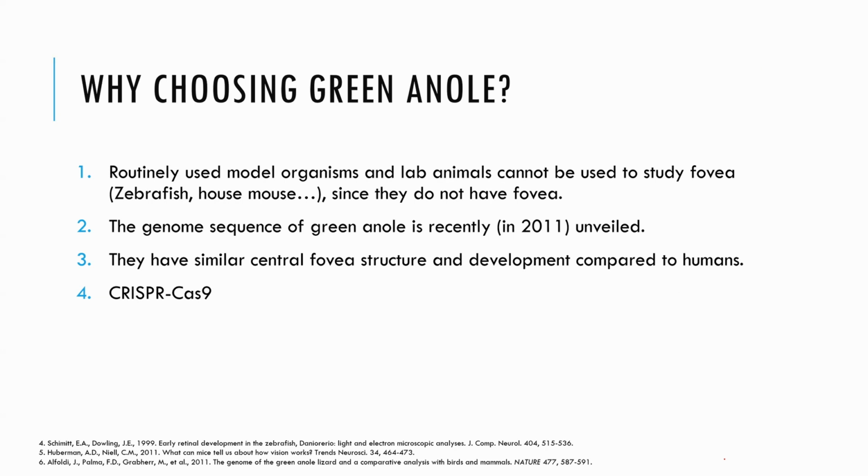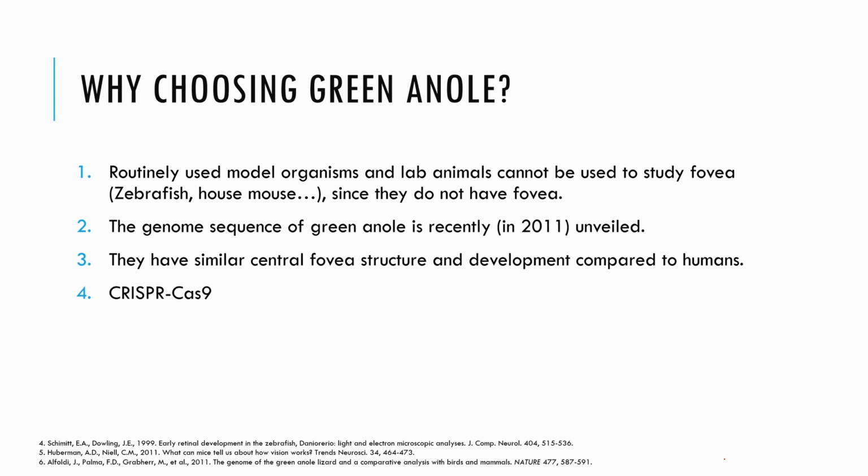Compared to primates, green anole is rather cheap. Its reproduction rate is pretty fast, and they're really easy to manipulate because they're small. Second of all, we know the genome sequence of the green anole, which was unveiled in 2011.